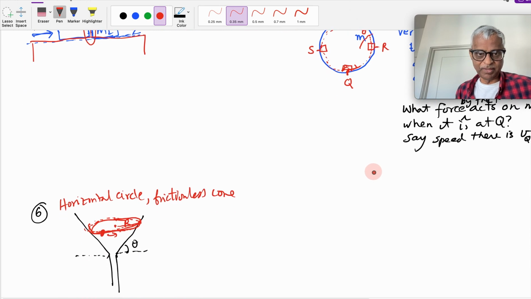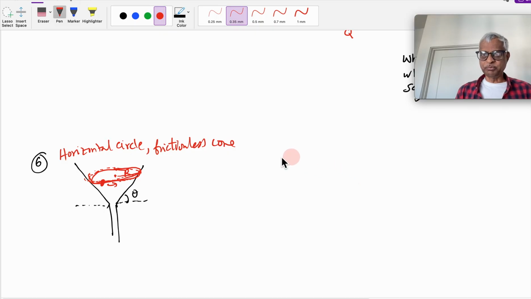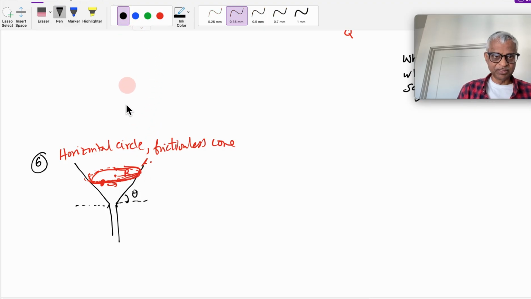And finally, I want to do a horizontal circle. So this is like a cone. This cone has cone angle theta, and something is going in a circle. Doesn't look like a circle, but if you look from the top, it's going to be a circle, and this circle has a radius r.